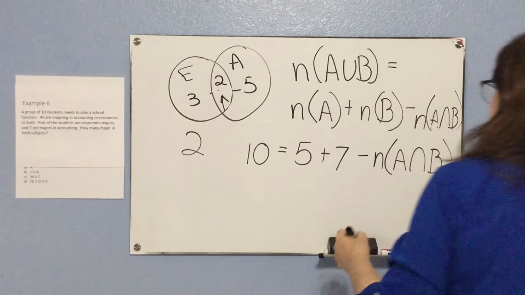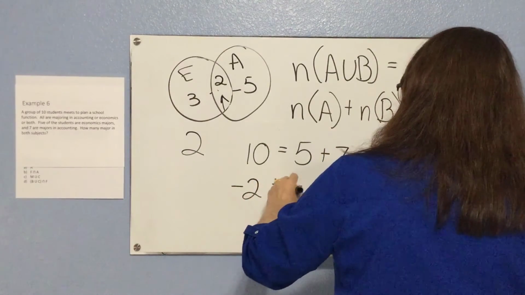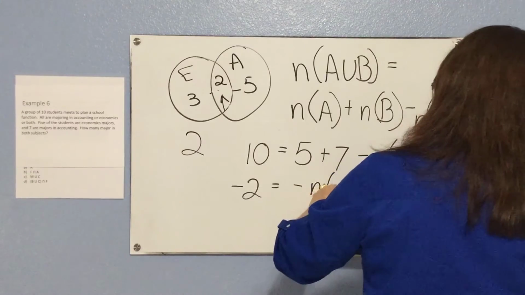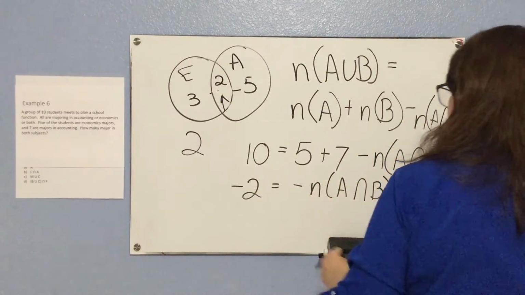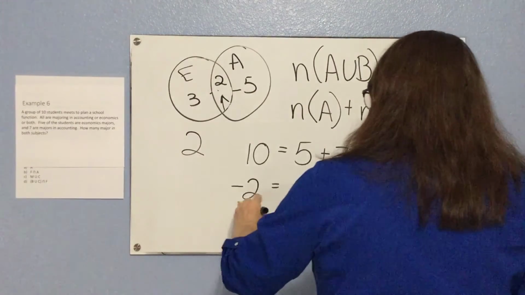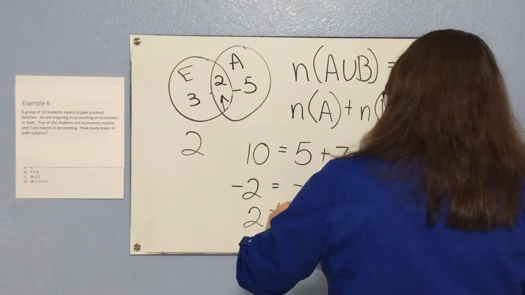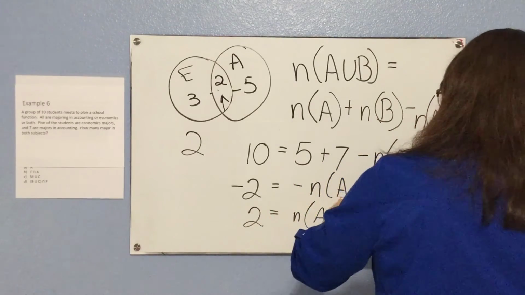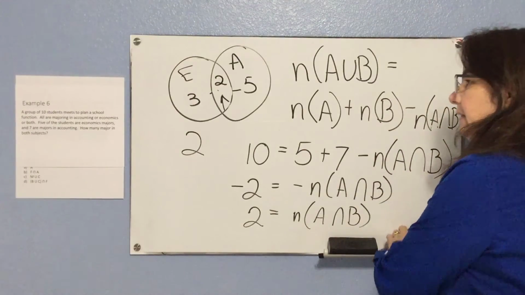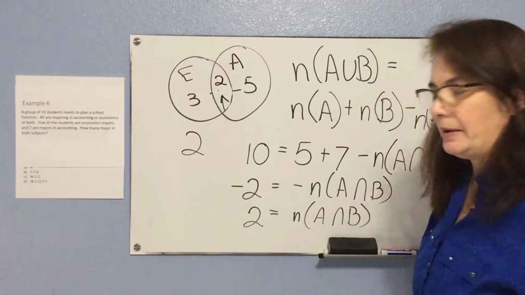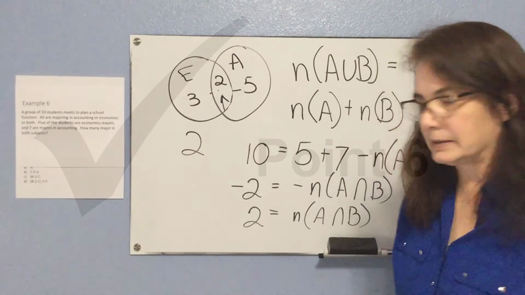Okay, so I do a little simple math here and I say negative 2 is equal to negative number of A intersect B. So there are 2 elements, 2 people in A intersect B. Okay, so if I don't want to draw a Venn diagram, I can work the problem that way. Pause the video now and work on checkpoint 6.